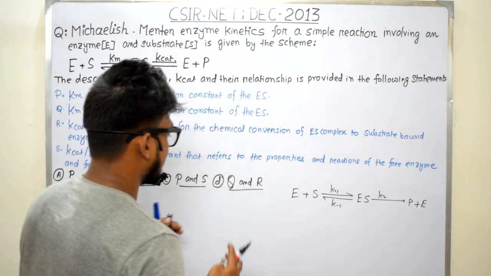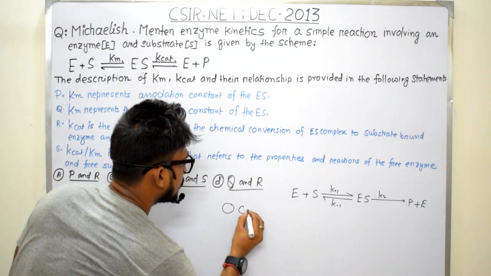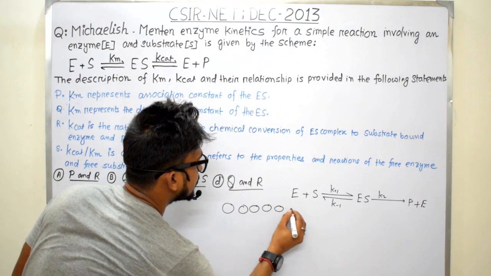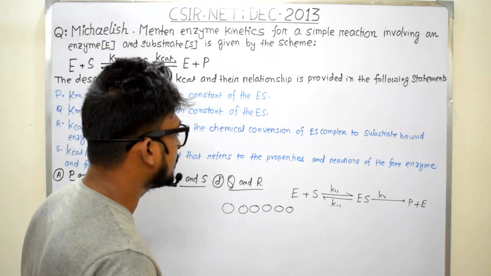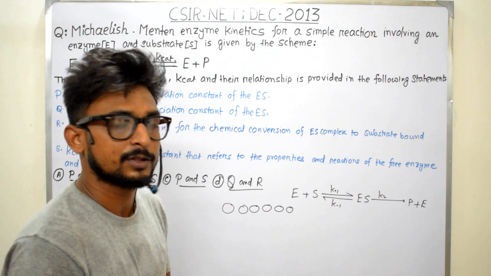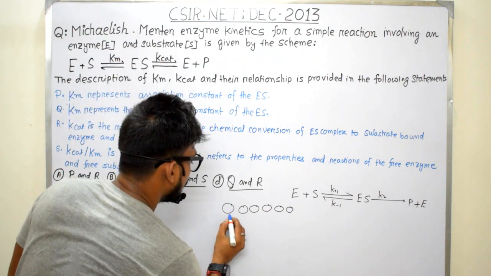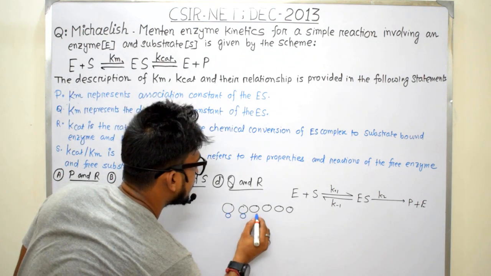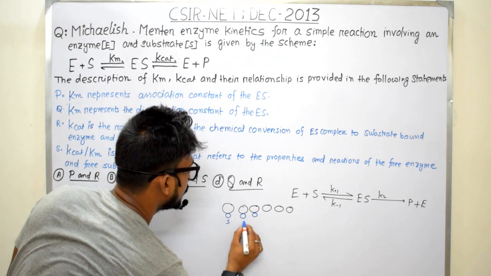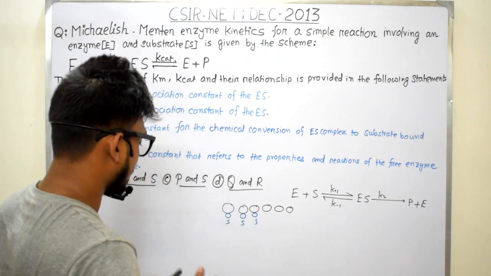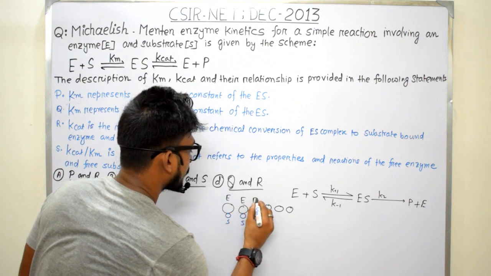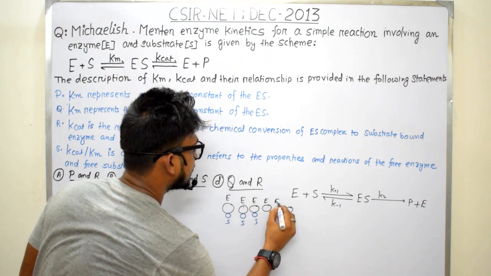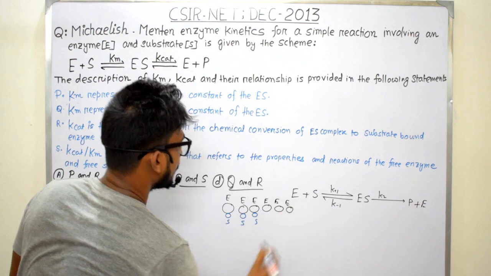Okay, so let's see that. Suppose here 1, 2, 3, 4, 5, 6 enzymes are taken, and to achieve half of the total velocity we have to saturate 3 enzymes with the substrate. These blue things are the substrate and the black things are the enzymes. So 6 enzymes are taken here.